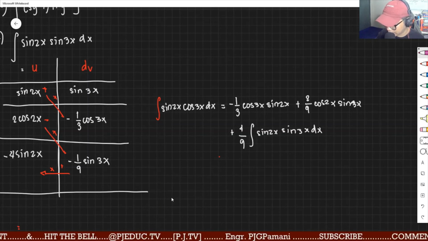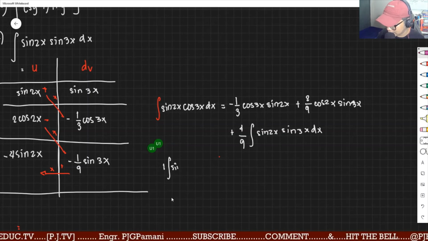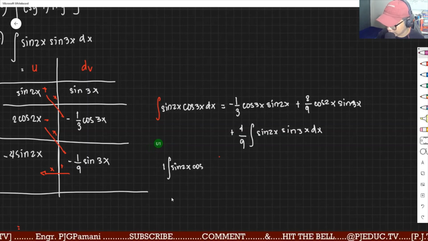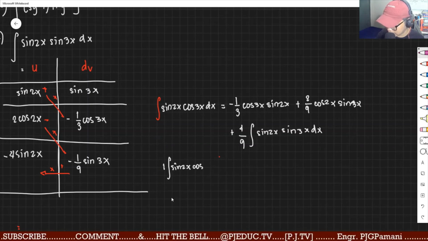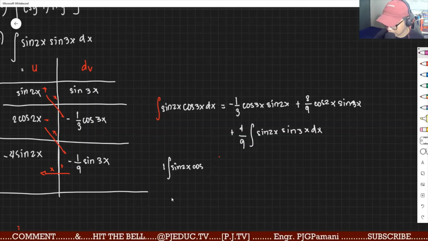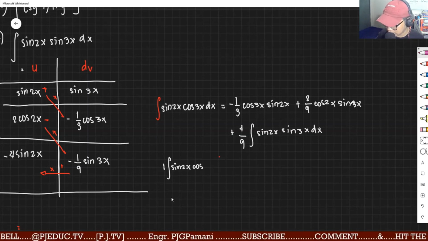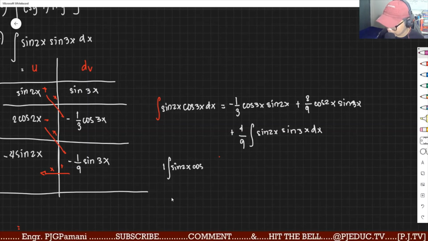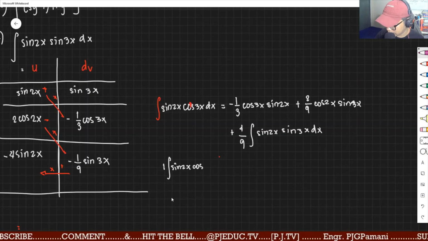Meron tayong both integral terms. So that is simply 1 sine 2x cosine 3x. Ay, mali yung nakopya ko dun sa isa. Dapat ito yung sine, di ba?